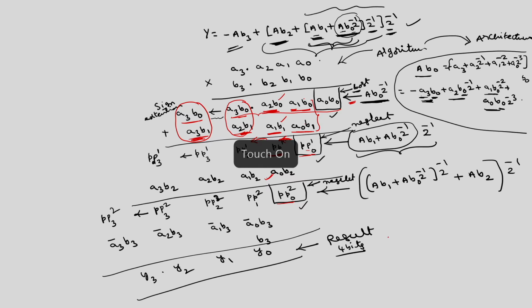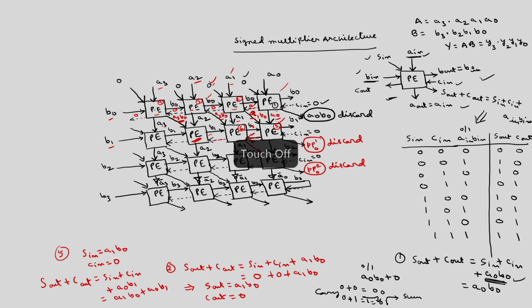So, this sign extension, this A3 B1 also you have to add. So, what you have to do is same A3 B1 you take from here and you connect to this one. This will show the sign extension connection.